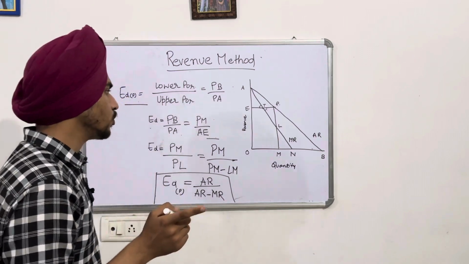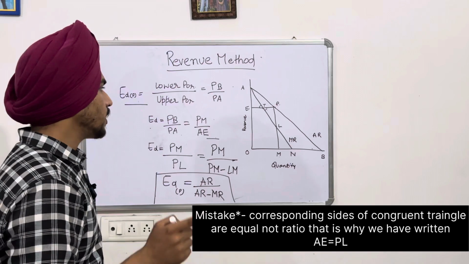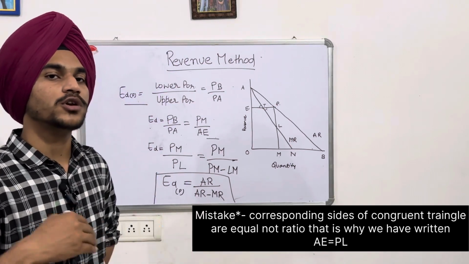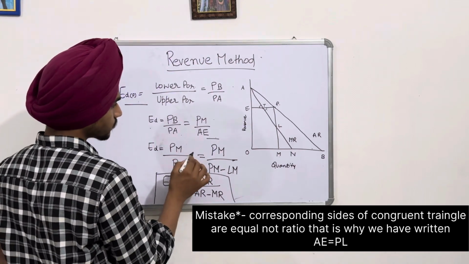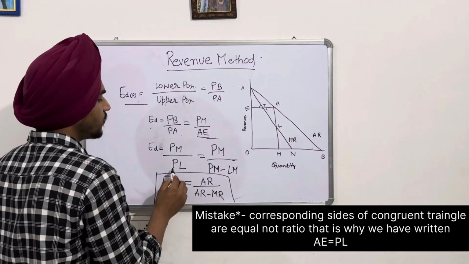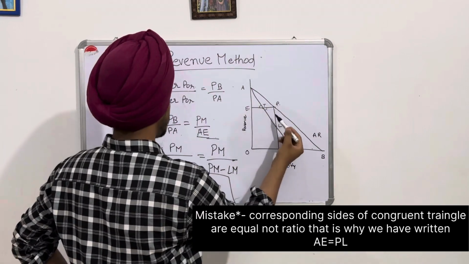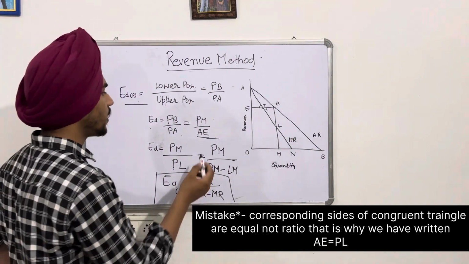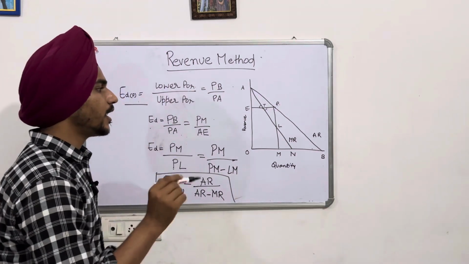So according to this rule, these two are congruent triangles, and we know the ratio of corresponding sides of congruent triangles are also equal. So from here, in place of AE, can we write PL? Let's see. So this is AE and this is PL. Yes, corresponding sides, ratio equal. In place of AE, we can write PL.